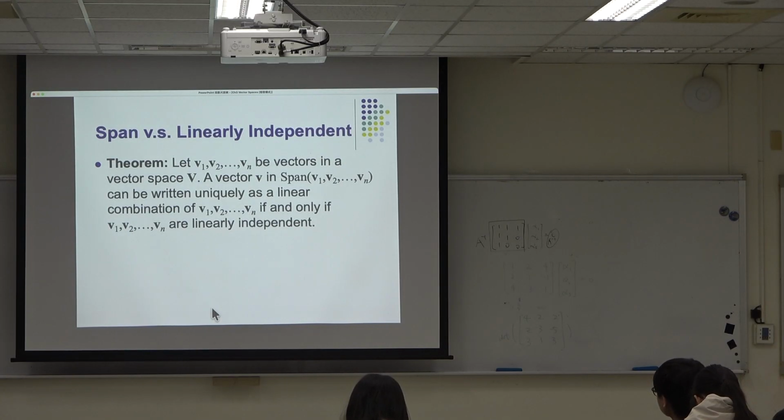So, the theorem: given vectors V1 to Vn in a vector space V, a vector V in the span of V1 to Vn can be written uniquely as a linear combination of V1 to Vn if and only if V1 to Vn are linearly independent.